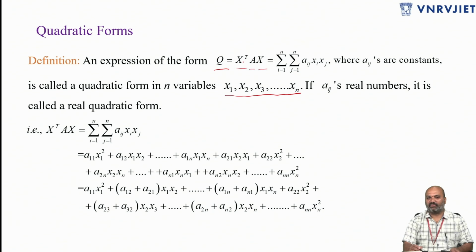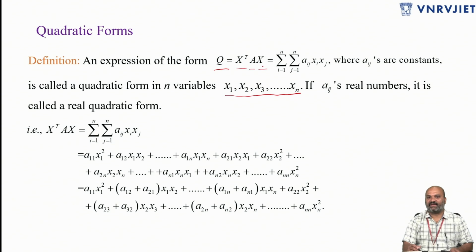Generally X is a column vector, and transpose means it's a row vector. A is the matrix with all real numbers. X is the column vector x1, x2, x3, so on, xn.